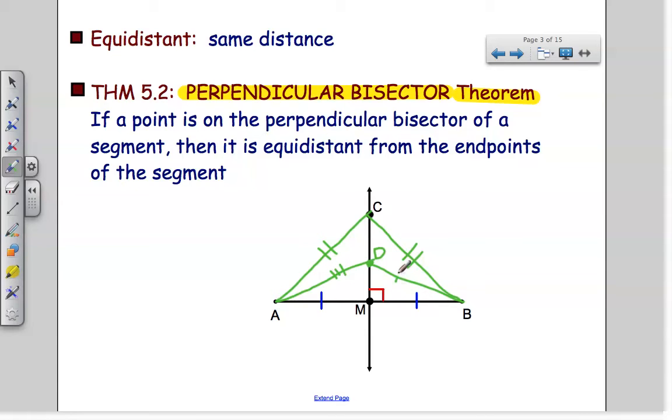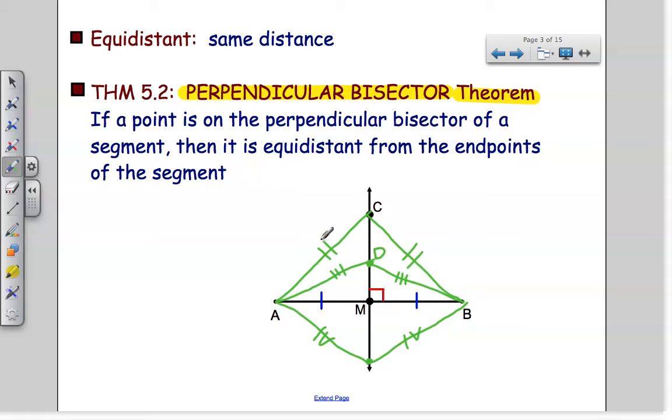So these two segments, to point D from A and B, would be congruent as well. And the same would apply for any point on the perpendicular bisector below that line, that these segments drawn to that point, or going to the endpoints, would also be congruent. Any point on a perpendicular bisector is equidistant to the endpoints of a segment, so it's kind of neat.